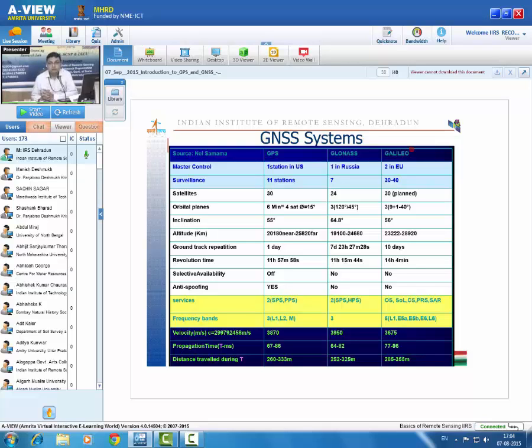In the earlier days, for each of these systems we needed a different receiver, but in 2006 Russia and the US agreed to share the codes, which enabled the formulation of single receivers which can receive both GPS and GLONASS data. This has given birth to the new term GNSS, that is Global Navigation Satellite System.